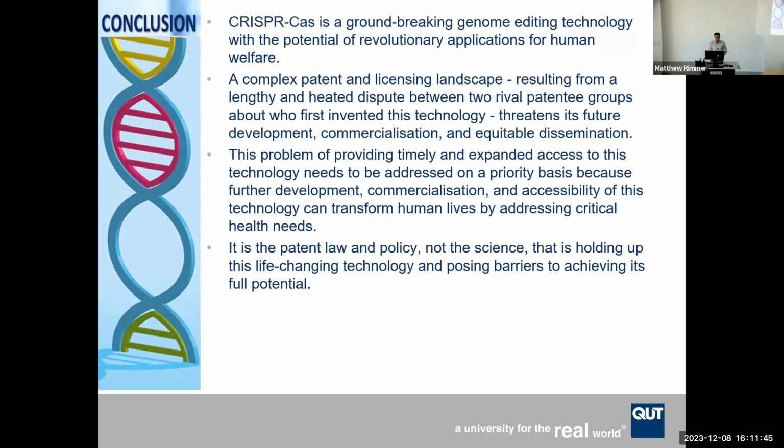This problem of providing timely and expanded access to this technology needs to be addressed on a priority basis, because further development, commercialization, and accessibility of this technology can transform human lives by addressing critical health needs. It is the patent law and policy, not the science, that is holding up this life-changing technology and posing barriers to achieving its full potential.